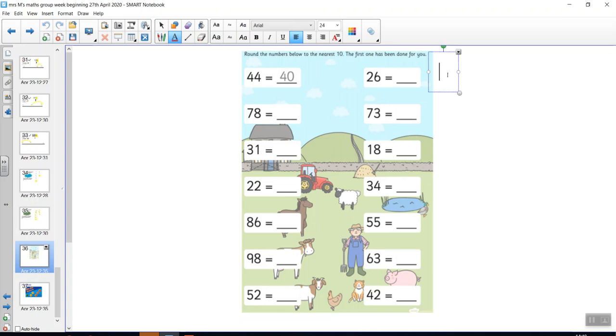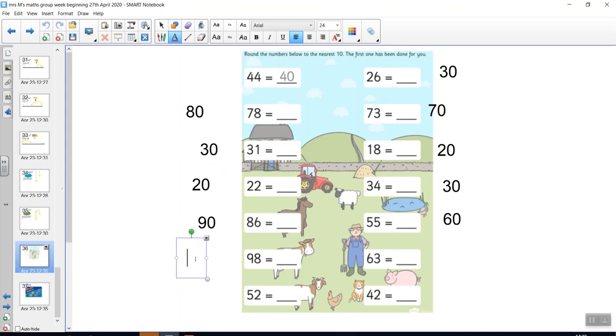Okay, children, let's see how we've got on with this. 26 rounds to 30. 78 rounds to 80. 73 rounds to 70. 31 rounds to 30. 18 rounds to 20. 22 rounds to 20. 34 rounds to 30. 86 rounds to 90. 55 rounds to 60. 98 rounds to 100. 63 rounds to 60. 52 rounds to 50.